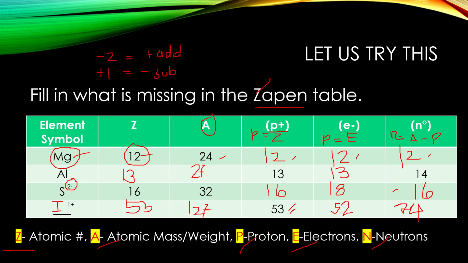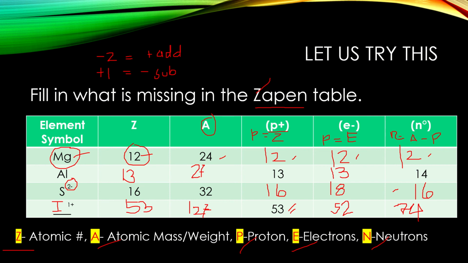Now, let us proceed to element number 2, the aluminum. Again, aluminum is a neutral atom because there is no charge at the upper right part of the element. So, let's look for the atomic number in the periodic table.